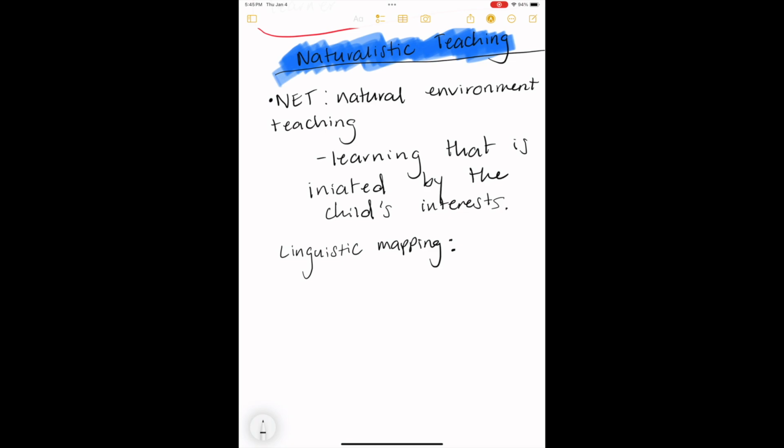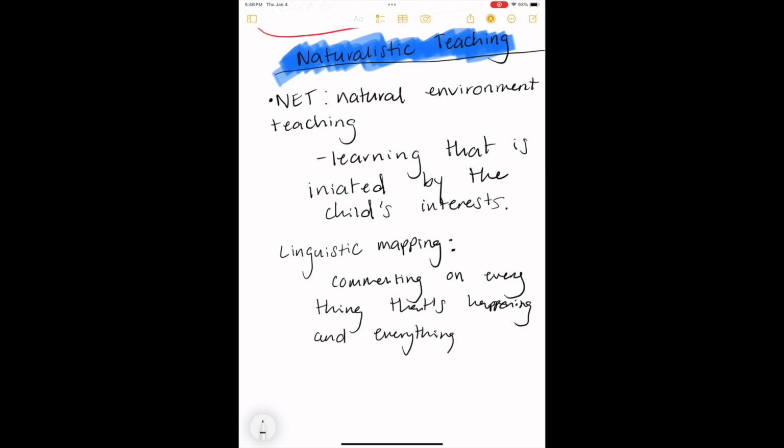But linguistic mapping is basically commenting on everything that's happening and everything you're doing as you play with them.